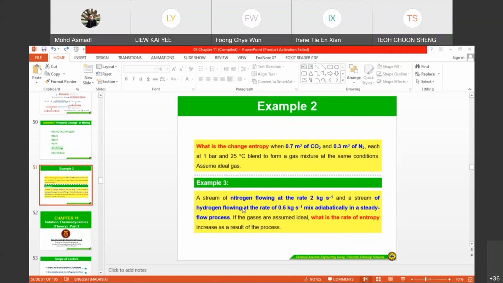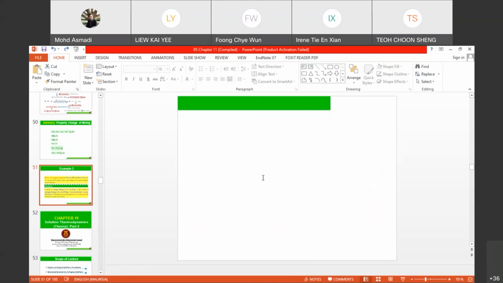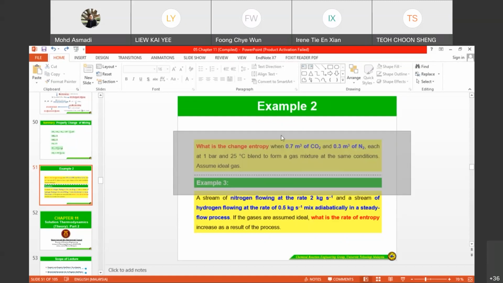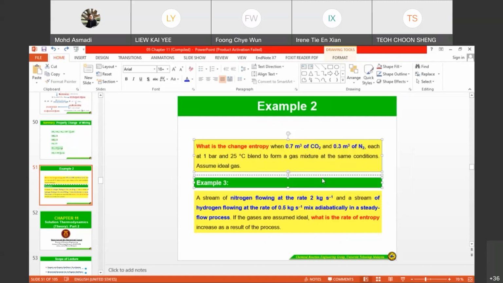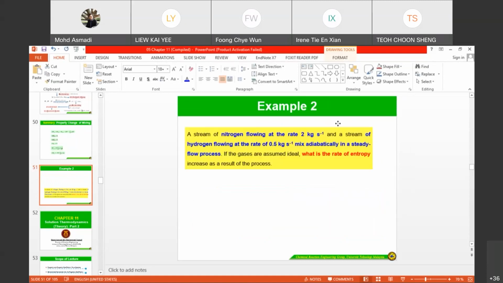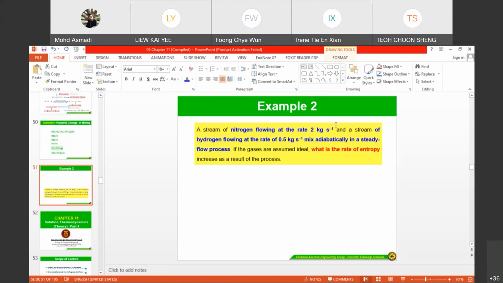Okay, anyone? So how to calculate the molar flow? This one is a mass flow, from this data is a mass flow. How much the value you can get for the fraction?